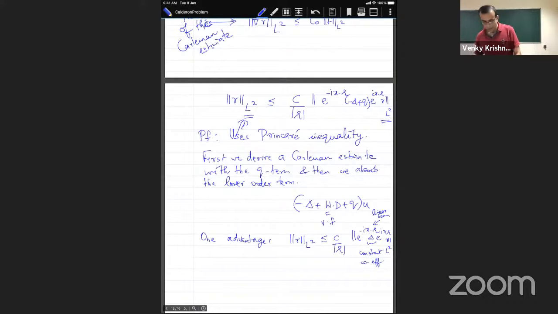So when you consider the L2 inner product of this conjugated Laplacian, many terms vanish, especially the commutator terms. What you end up with is one term for which you can apply the Poincare inequality, and that will give the answer.